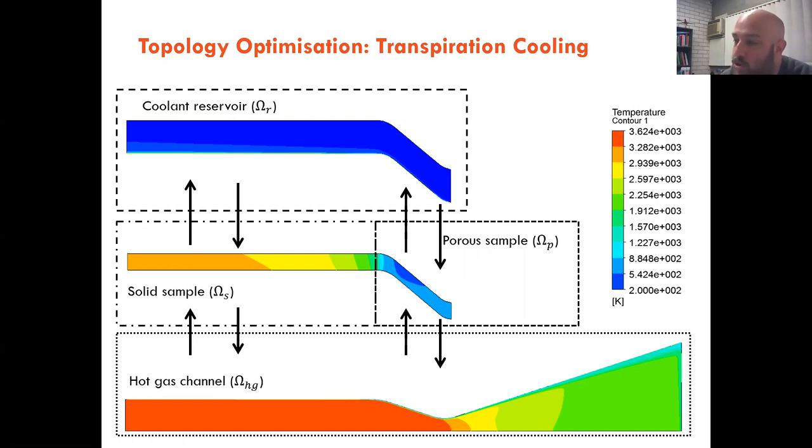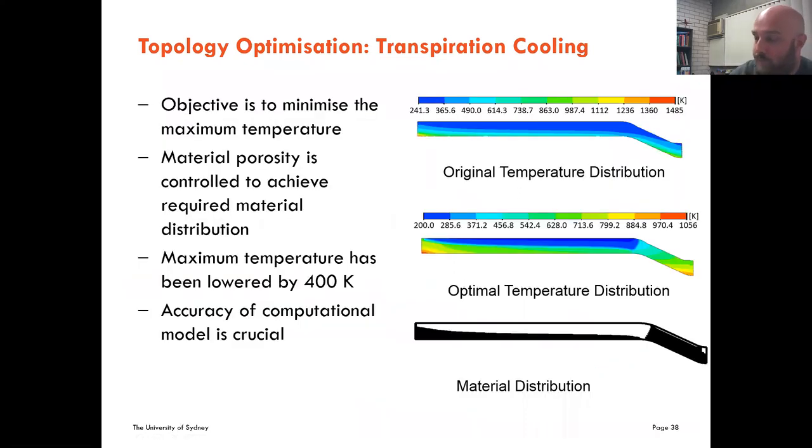And in all this, we also have the iteration with the structure, because what we're doing is defining the required level of porosity in our sample to have the best coolant layer downstream and reduce the overall temperature on our combustion liner.